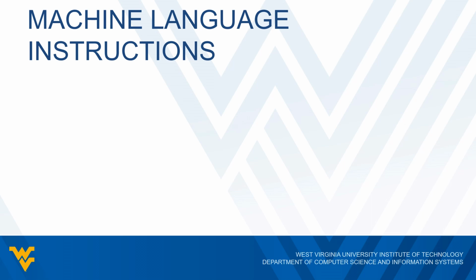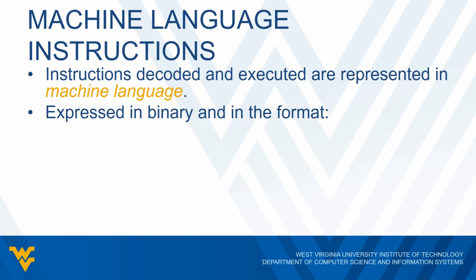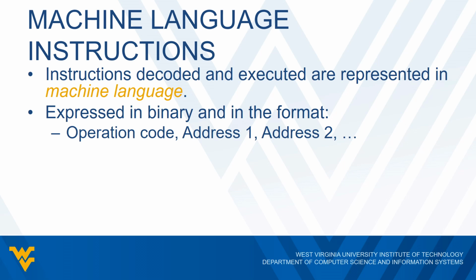To understand the behavior of the control unit, we first need to investigate the characteristics of machine language instructions. Now, the instructions that can be decoded and executed by the control unit are represented in machine language. These instructions are expressed in binary, and they usually have a typical format: an operation code, and then address field 1, address field 2, and so forth.